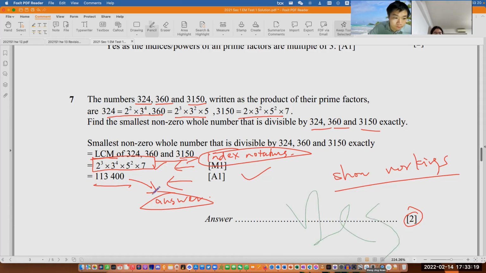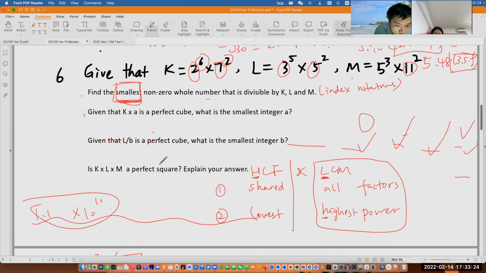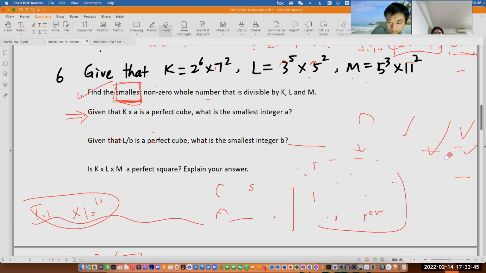Hello? Okay, good. Okay, clear your handwriting. Then next. So you have finished this. Next one. Given that this. So you can proceed to do given that k times A already. So I'm going to clear this for you.